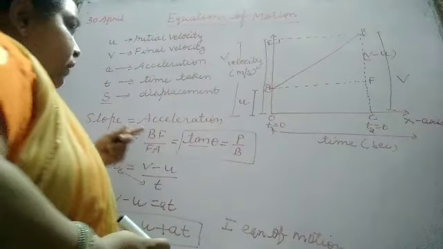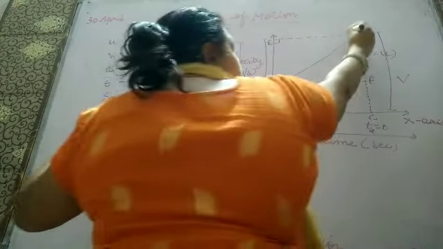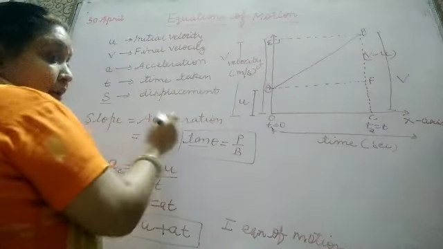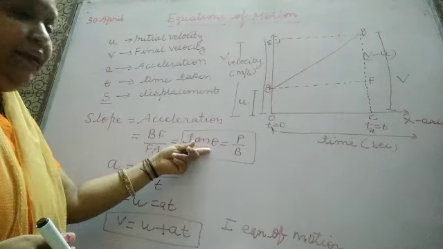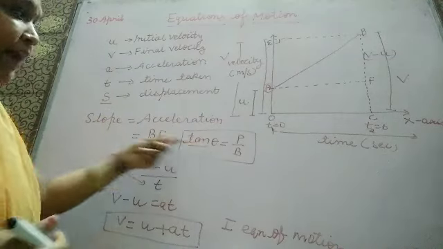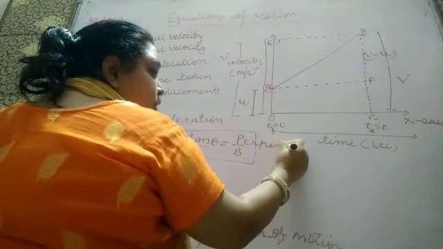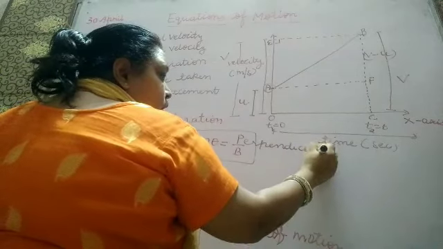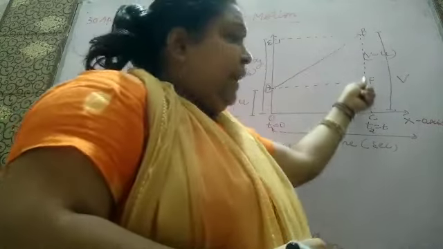Okay. Then I have taken the slope. What is slope? This line. Slope is acceleration, and acceleration is also equivalent to tan theta. And I have told you here tan theta is equivalent to perpendicular upon base. What is perpendicular here? This BF.